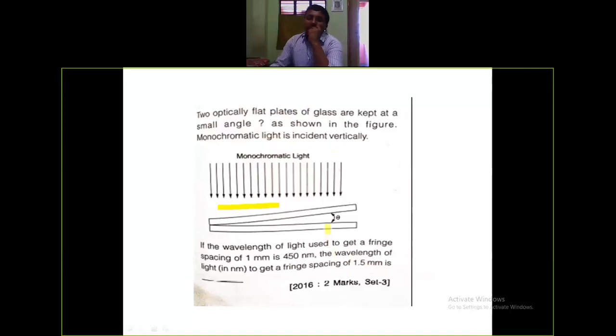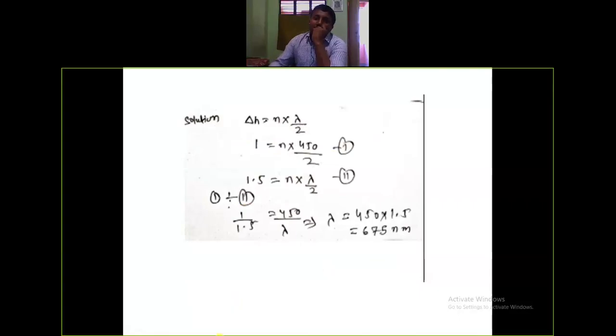This is a simple physics question, and we know that delta H, that is the fringe spacing, is given by n into lambda by 2. If you take the initial condition, they have given spacing of 1 mm and the wavelength is 450 nanometer. So delta H is equal to n into lambda by 2.